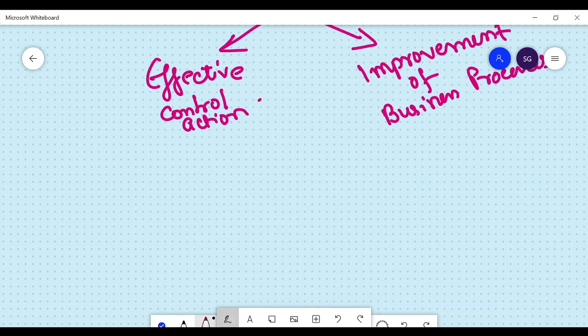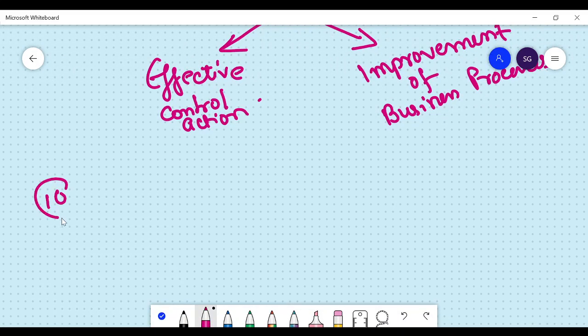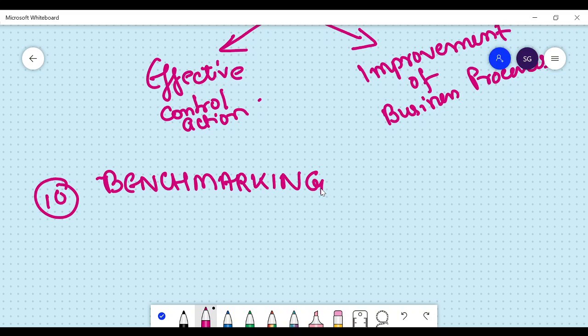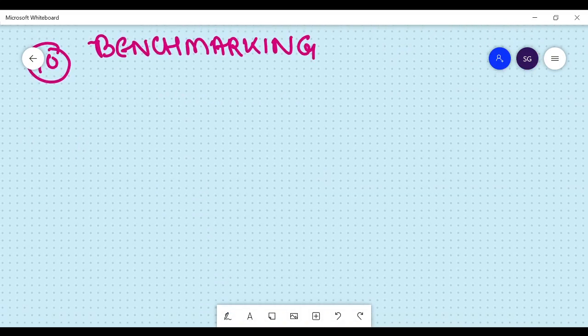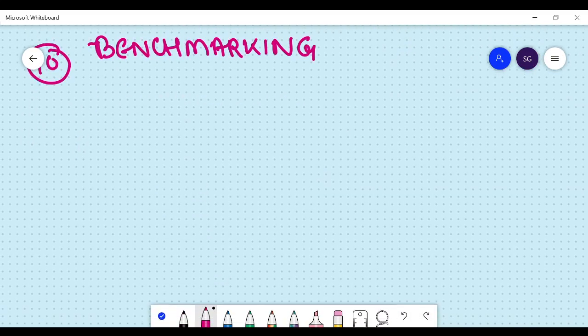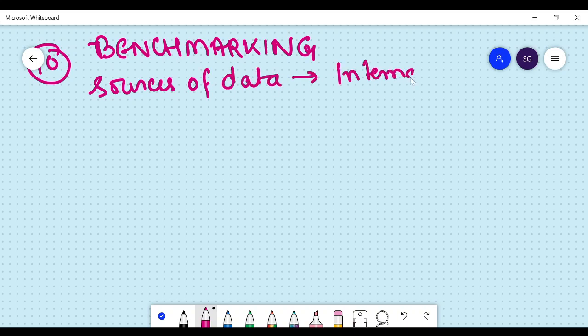Next point is point number 10. Benchmarking. There are two sources of data for benchmarking. Internal and external.